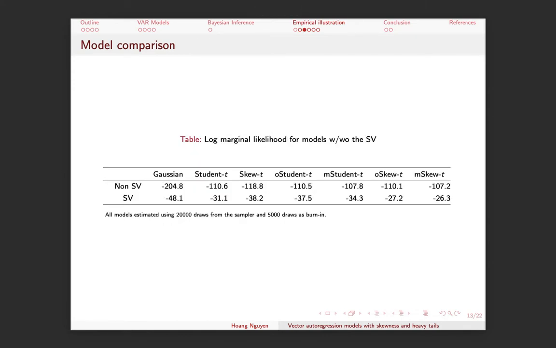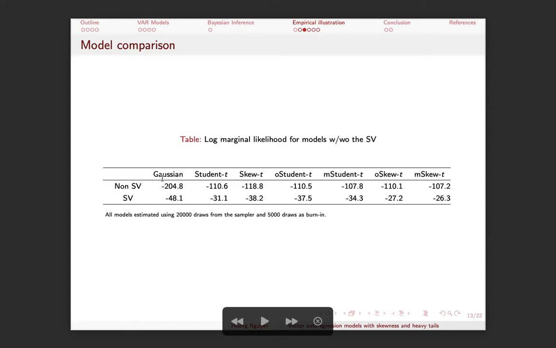So in this table, I will show you the log marginal likelihood of the 14 models with and without stochastic volatility. And as you can see, if we have stochastic volatility models, it really improves the log marginal likelihood over the models without stochastic volatilities.